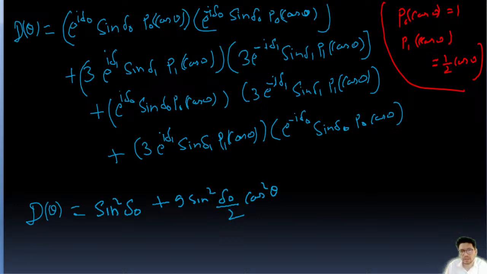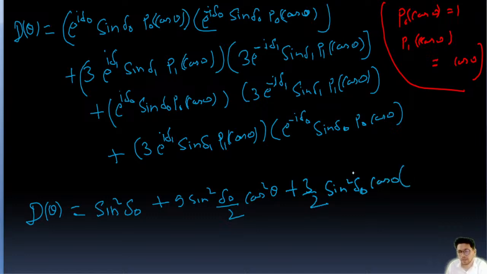This is cos theta, guys, sorry, this is cos theta, P1 cos theta equal to cos theta. Okay, this one, and cos square theta plus 3 by 2 sine square delta 0, then cos theta.